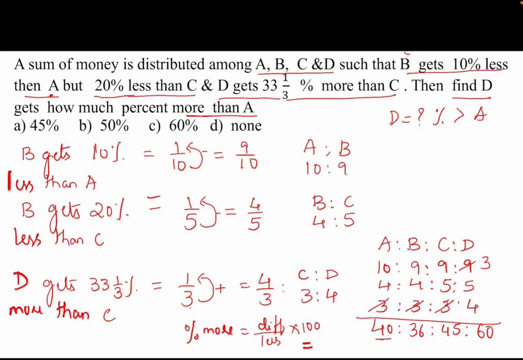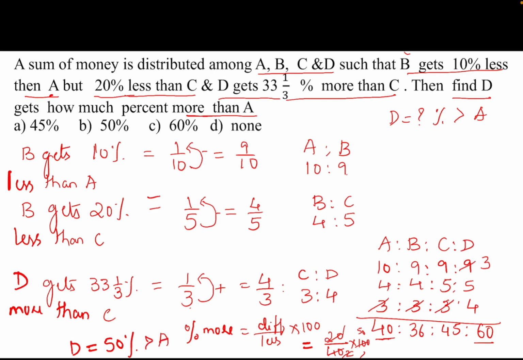A is 40, D is 60. So the difference is 20. So 20 divided by less, which is 40, into 100. 1s are 2s are 2, 1s are 2, 50s are. So D is getting 50% more than A. Okay, this is the answer.